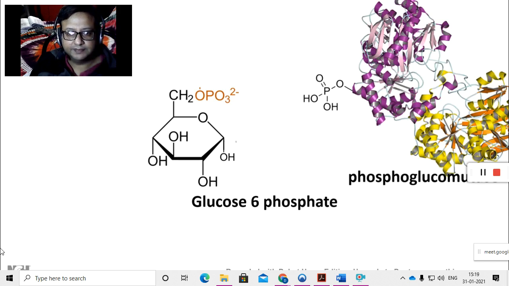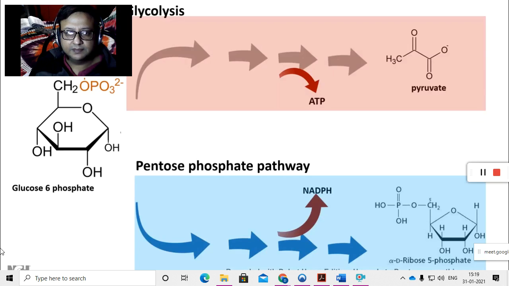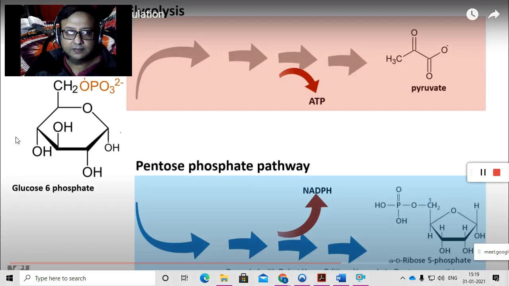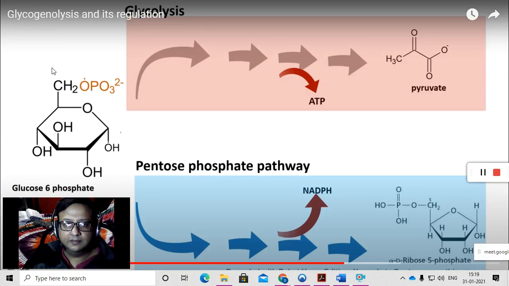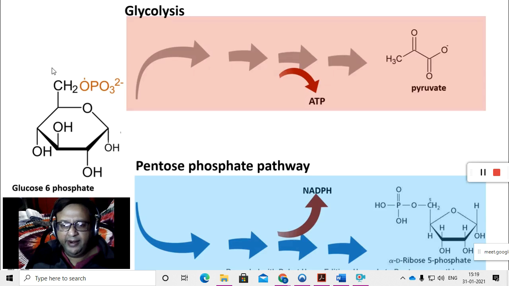Now glucose 6 phosphate is a very important intermediate because glucose 6 phosphate can either enter glycolysis, and in the glycolytic pathway it can form pyruvate, or it can also enter the pentose phosphate pathway where it can produce NADPH and ultimately give rise to ribose 5 phosphate, which could be used for nucleotide biosynthesis and all.